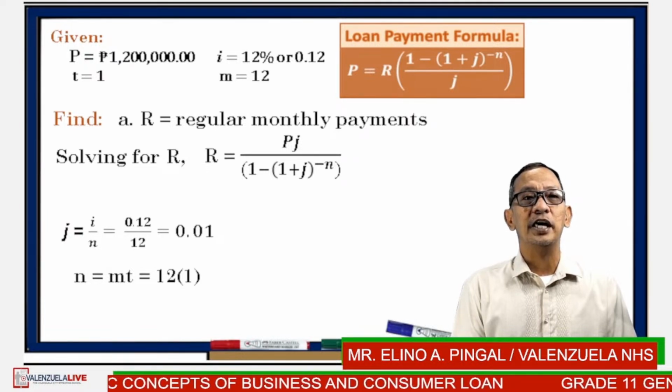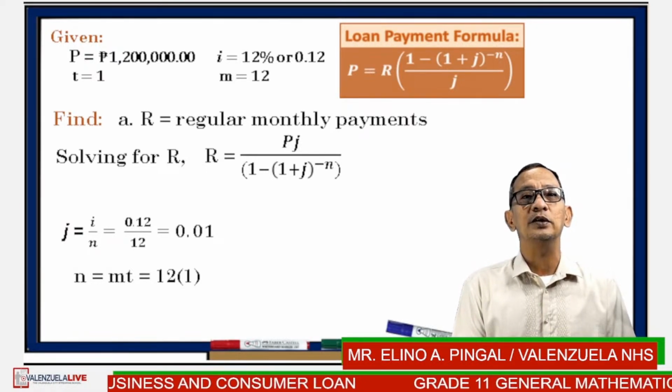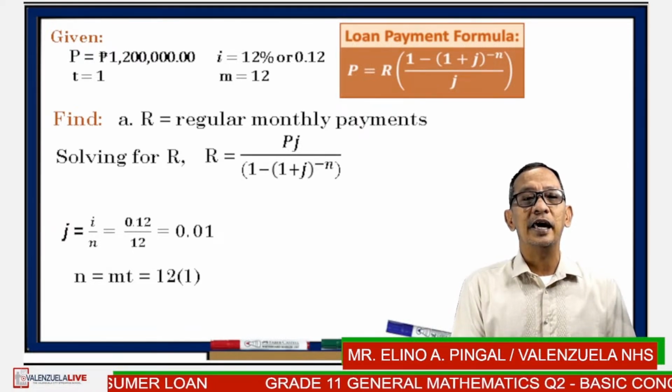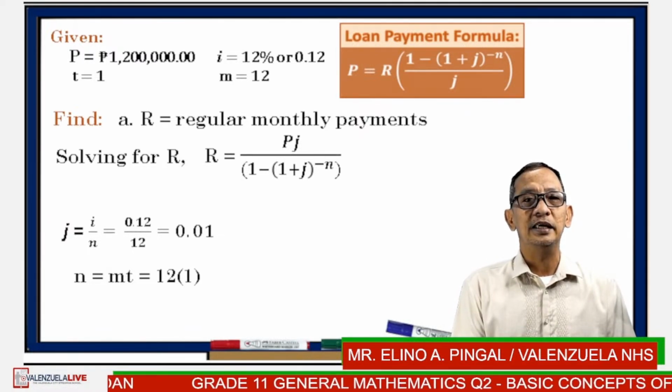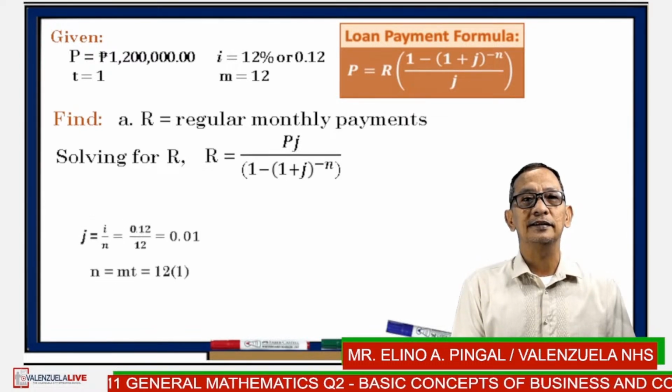Solving for j first, j is equal to I over m, or this is equal to 0.12 divided by 12 is equal to 0.01. N is equal to m times t, or is equal to 12 times 1.